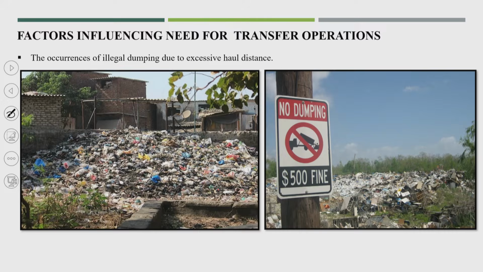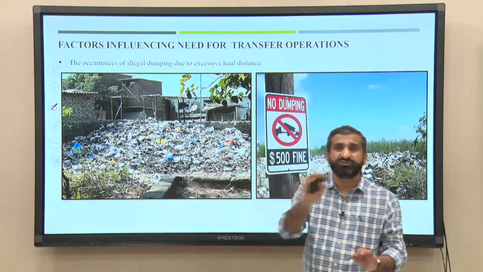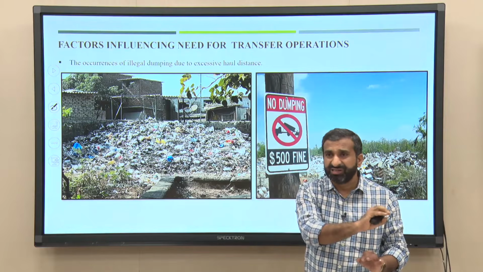So, you will find such illegal dumping wherever a small area is available, or wherever there is no construction or any open area is available. People will try to dispose of the waste in such locations, especially in curb services where the house owner has to dispose of waste into the dustbin.